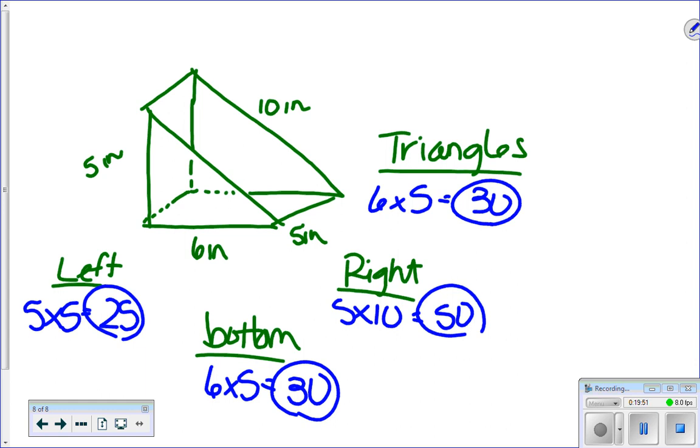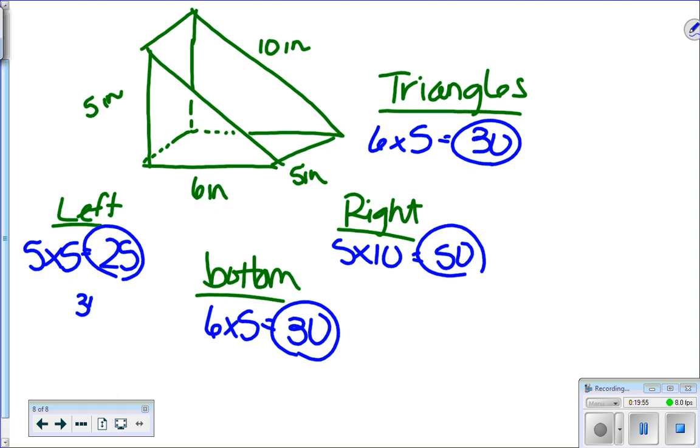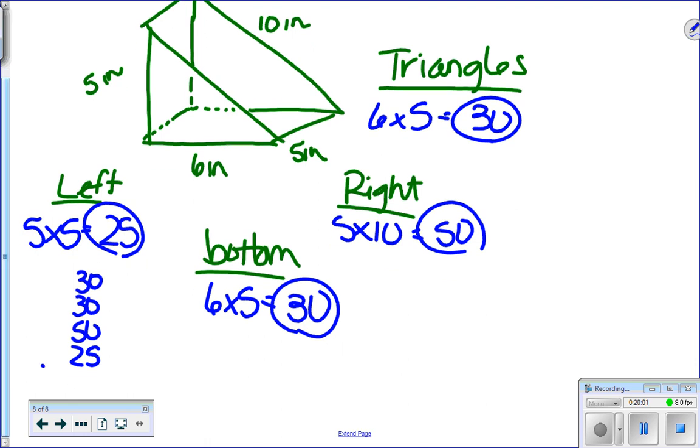Yeah, I have inches up there. I just didn't label them. So I have 30, and a 30, and a 50, and a 25. Inches squared. So, how we doing? Not too bad?